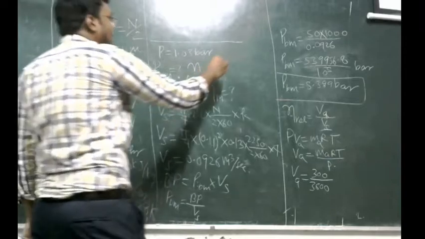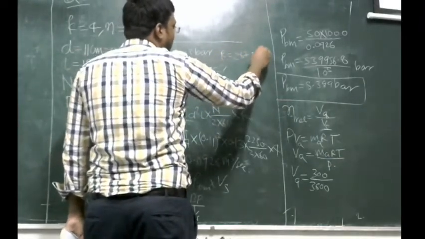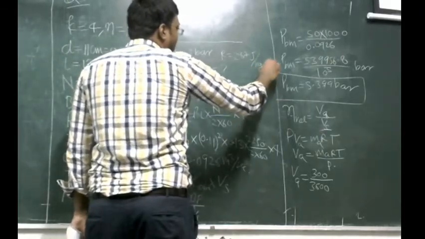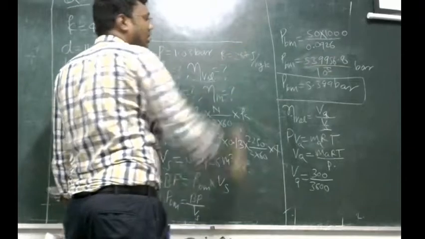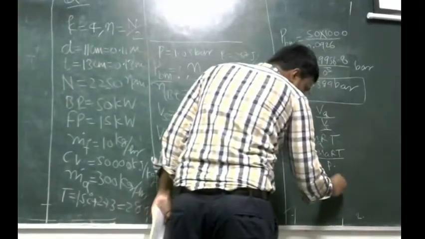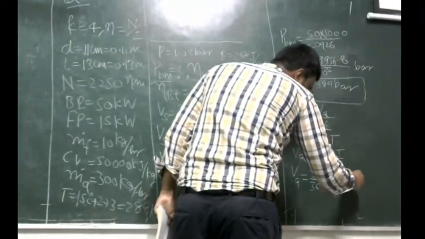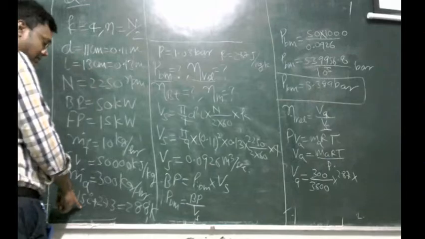Universal gas constant R is equal to 287 joule per kg Kelvin. So put here 287 into T, the ambient temperature given here, 15 degrees Celsius, which means 288 Kelvin.